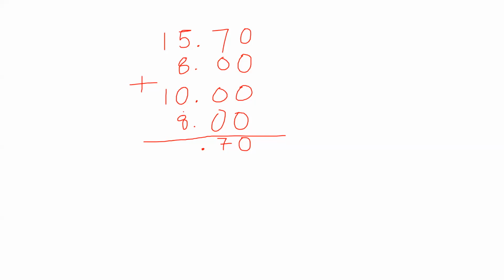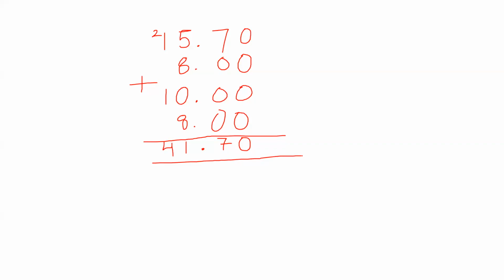Plus another 8. 21, so we put the 1 down. We put the 2 above. What is 2 plus 1 plus 1? 4, very good. So the answer is 41.70. How many persons got that when you add them all up? I got it. Very good.